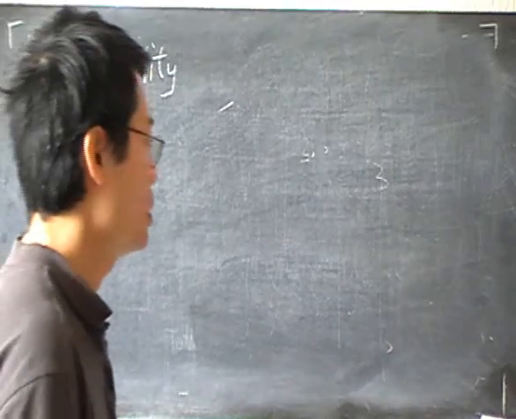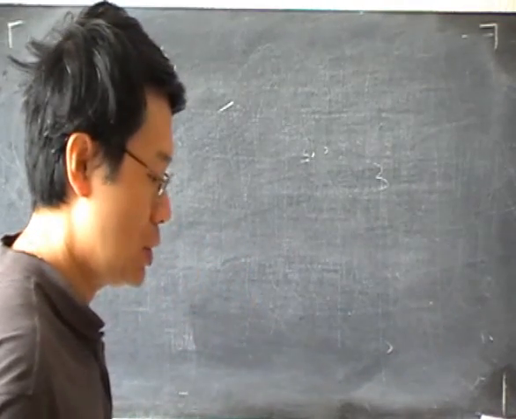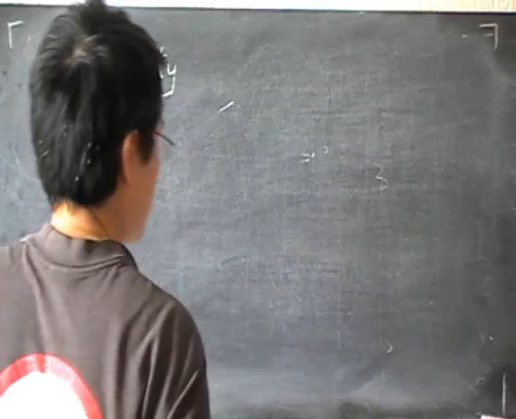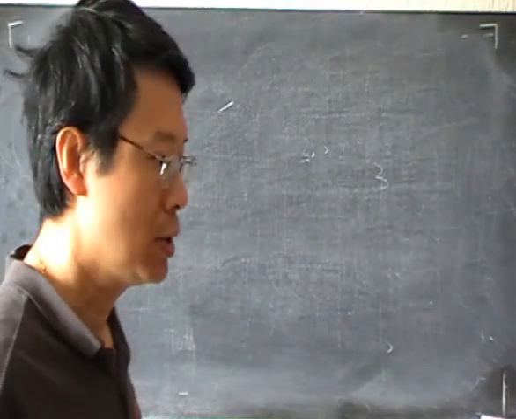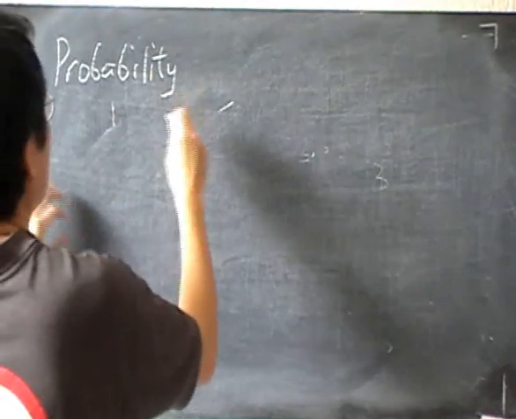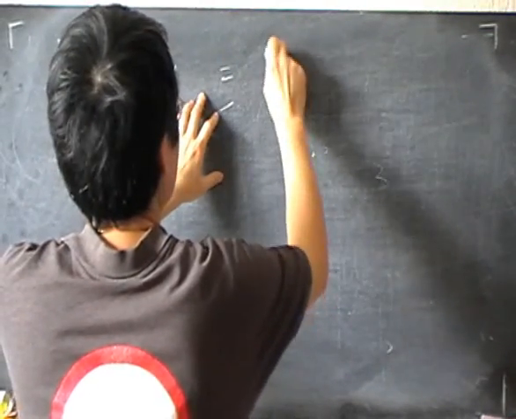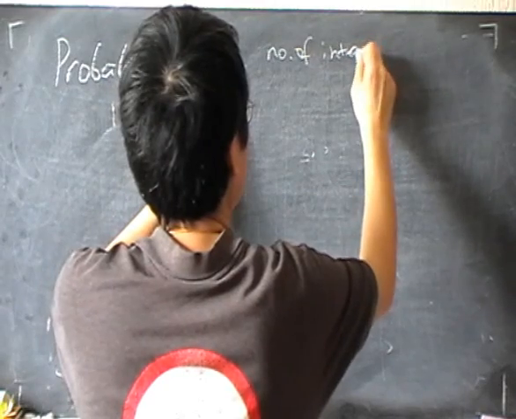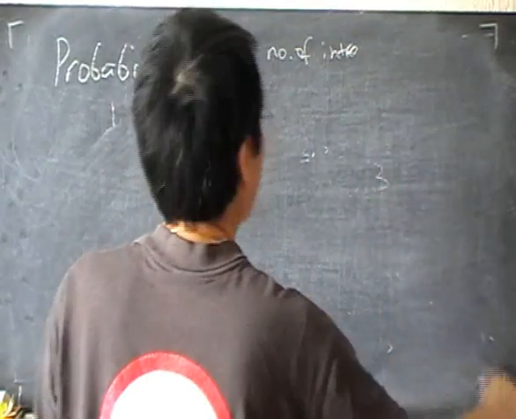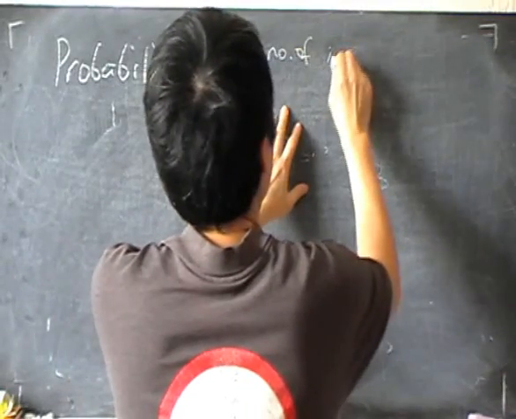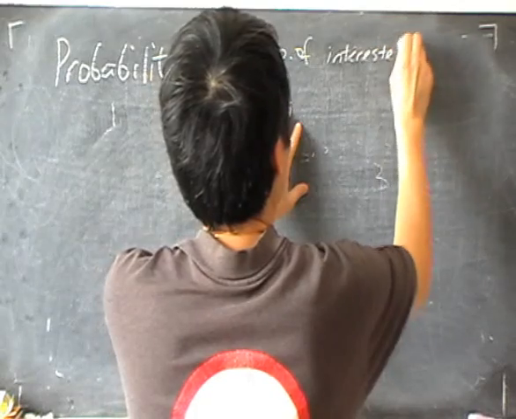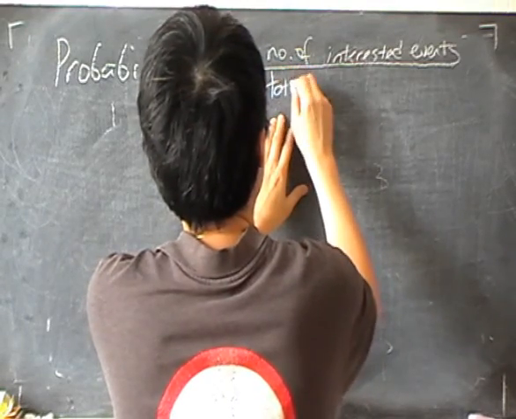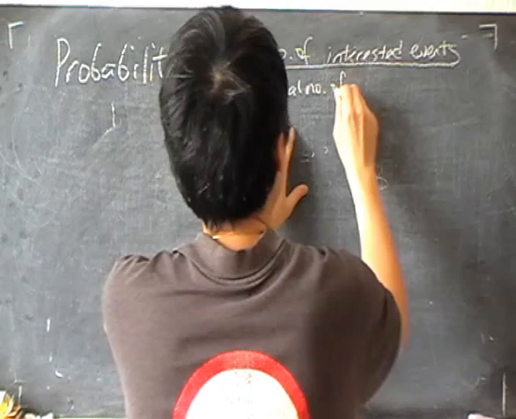Now from the example just now, what we have seen is that we have this formula in which probability is equal to the number of interested events divided by the total number of possible events.